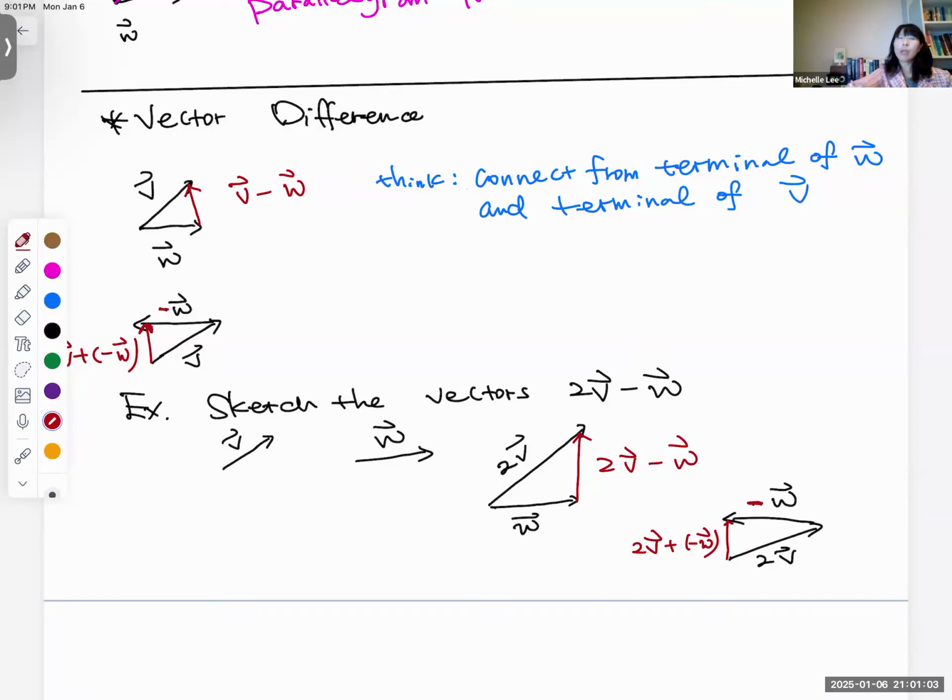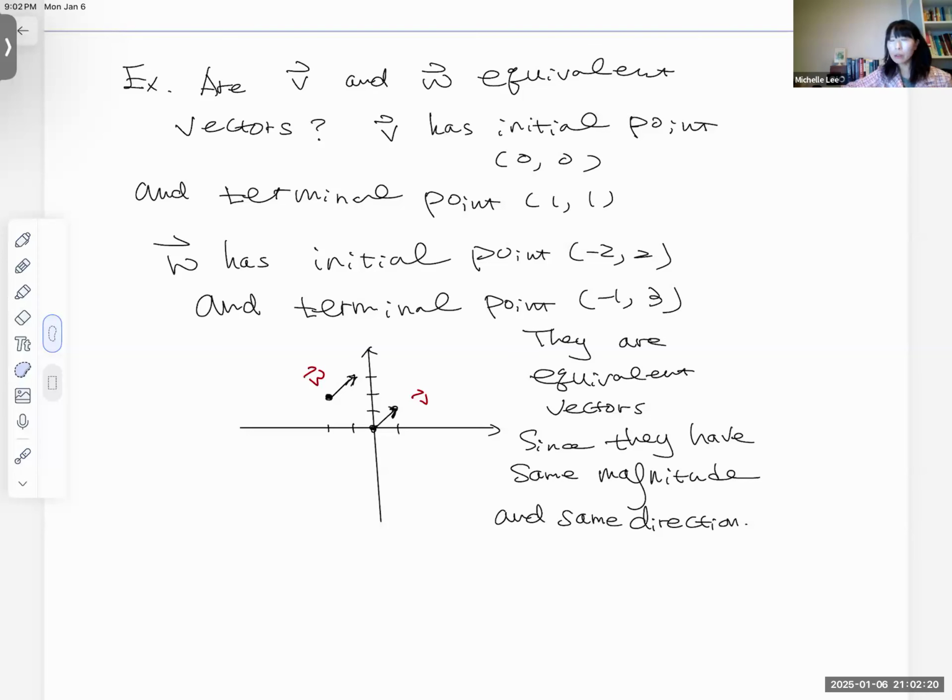All right, so we introduced earlier equivalent vectors. So let's do that. Okay, so equivalent vectors, they must have the same length, same magnitude, and same direction, right?